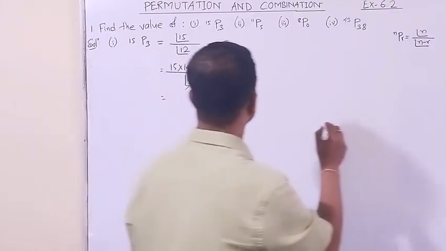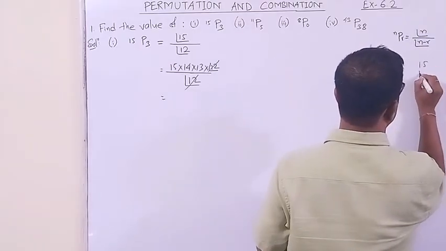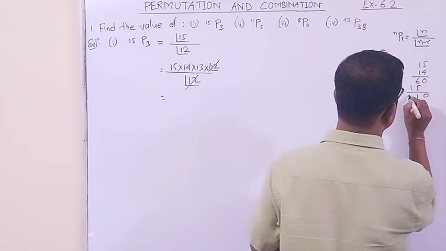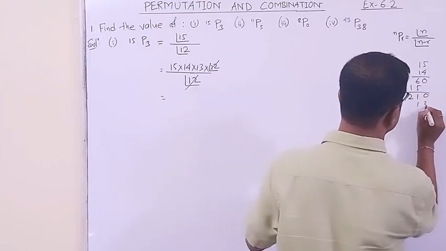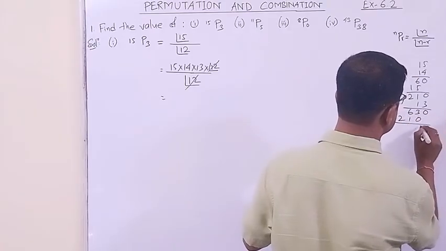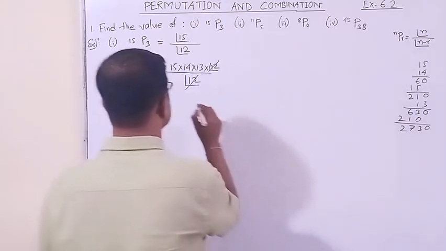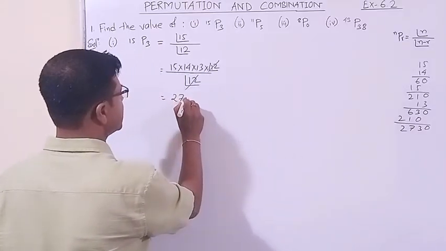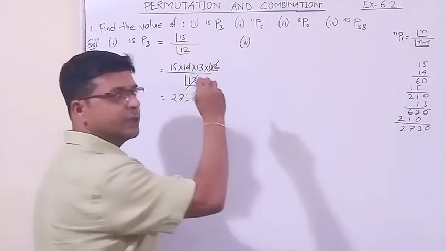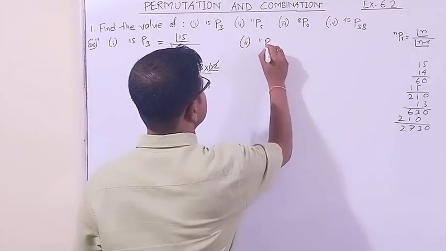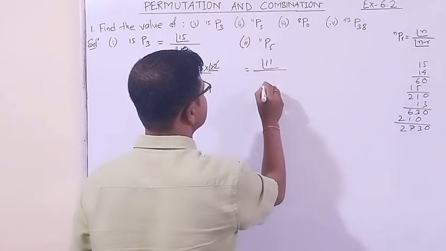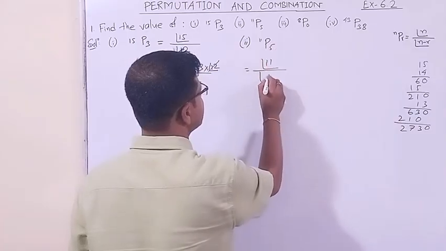Let us multiply 15 into 14, then into 13. This is 2730. Next, number 2: 11P5. Again using this, we get factorial 11 divided by factorial 11 minus 5, which is factorial 6.